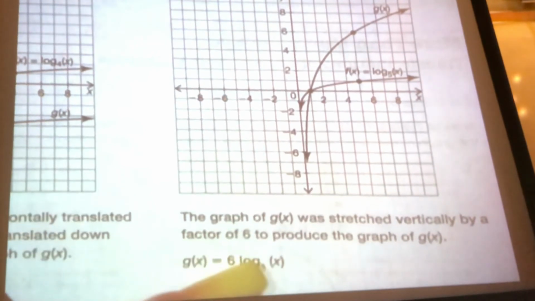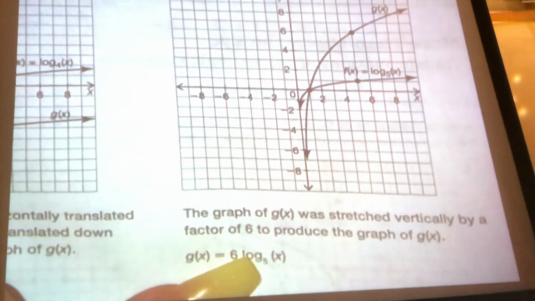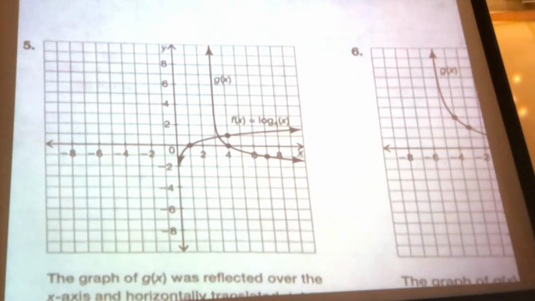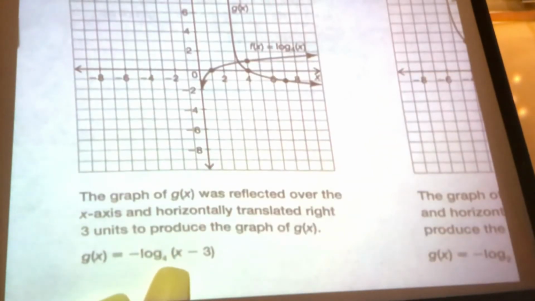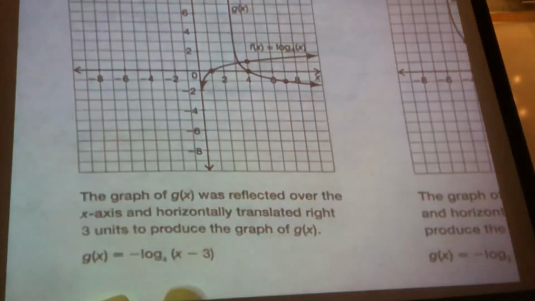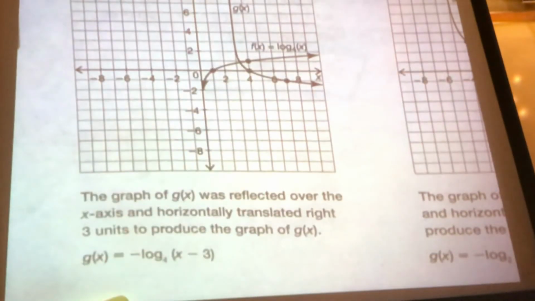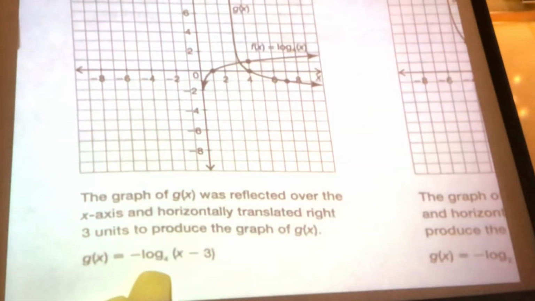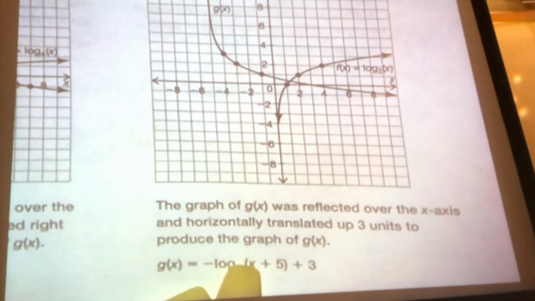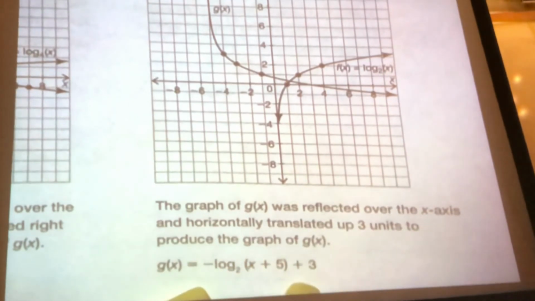Number 5, it got flipped across the x-axis and it got moved to the right. And then number 6, this time we got flipped over the x-axis and then it moved up 3 units.